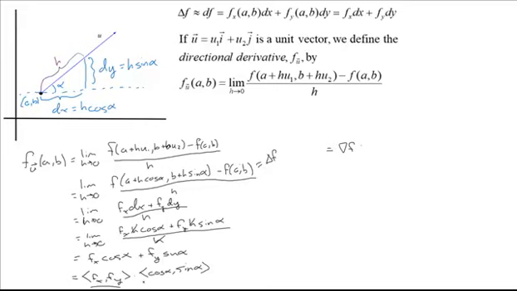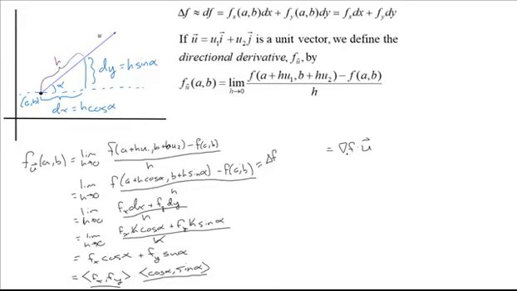The second part is a unit vector, it has a magnitude of 1 and points in the direction that we want to compute the derivative. So this is in the direction of u.